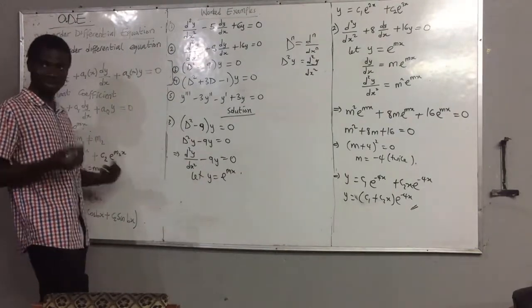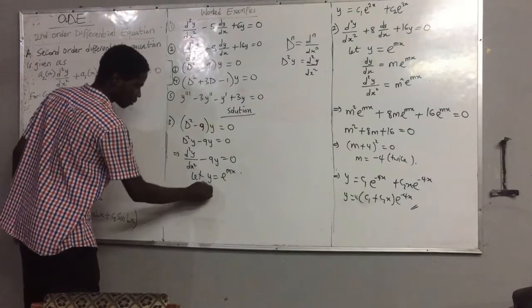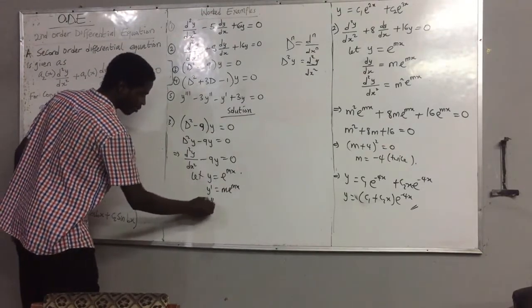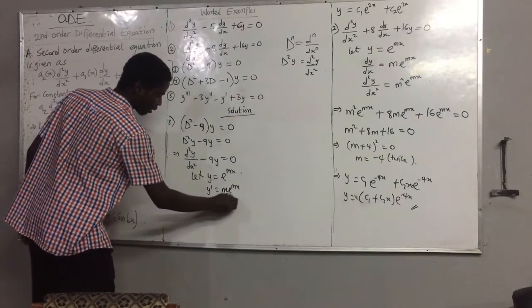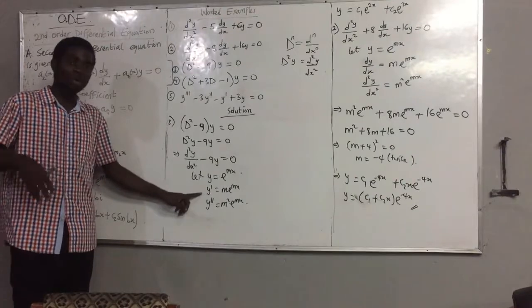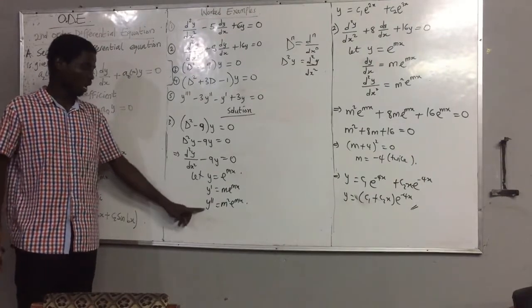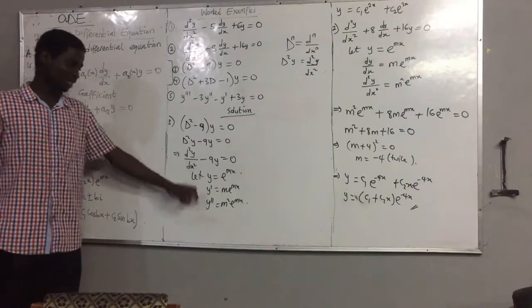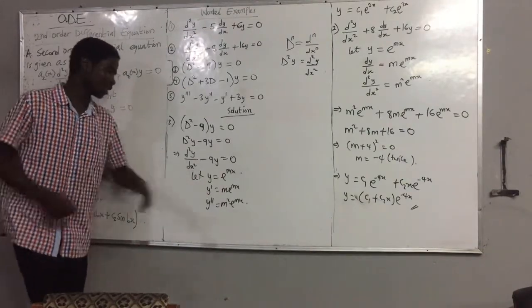Differentiate the first time and the second time. If you differentiate, y prime is m e raised to power mx. Differentiate the second time, y double prime equals m squared e raised to power mx. So mind you, y prime is another way of writing dy dx. y double prime is another way of writing d squared y over dx squared. So put it here. d squared y over dx squared is m squared e raised to power mx.